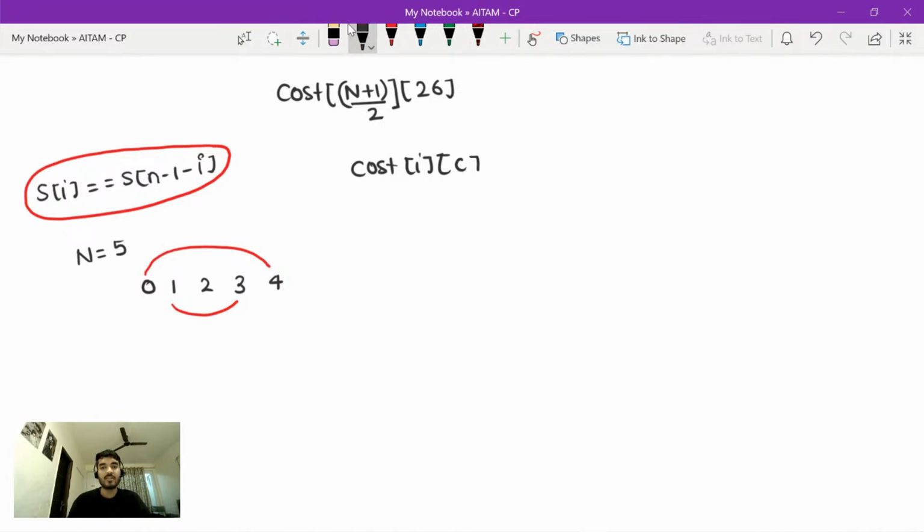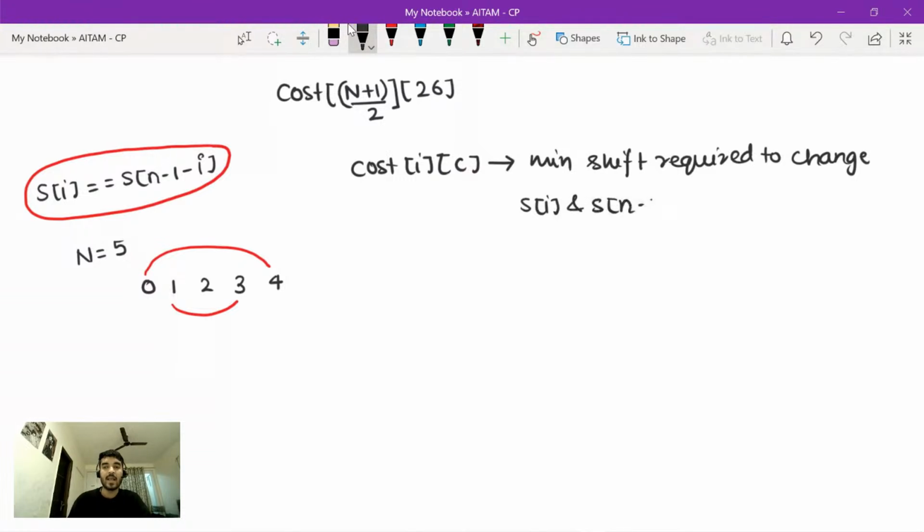So cost of i comma c will simply store the minimum shift required to convert, or I can say to change, s of i and s of n minus 1 minus i, because both characters must be same, into character c, and I will add the ASCII value of a to convert it into a character.